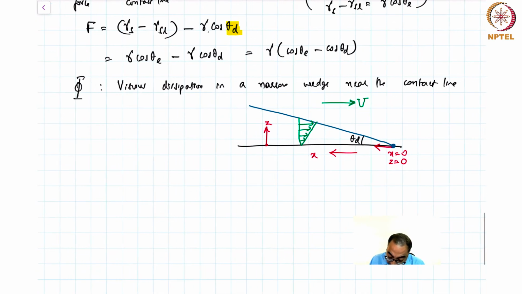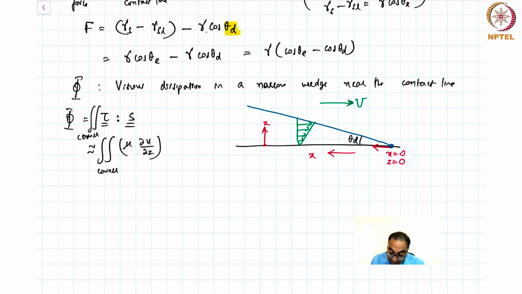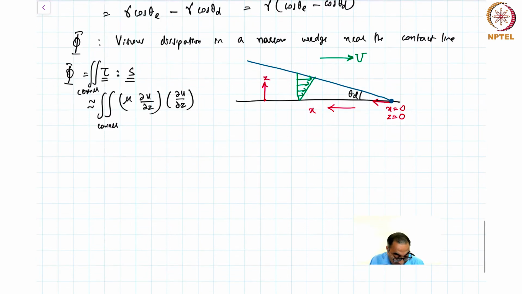Okay, so we know from fluid mechanics that this dissipation phi is related to the stress tensor and the strain rate tensor in this form. If you write down the dominant terms in this corner, by the way, this has to be integrated over the corner, it would simply be the shear stress, that is mu times del u by del z, times the dominant strain rate, del u by del z.